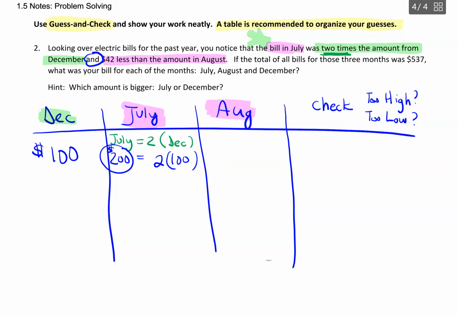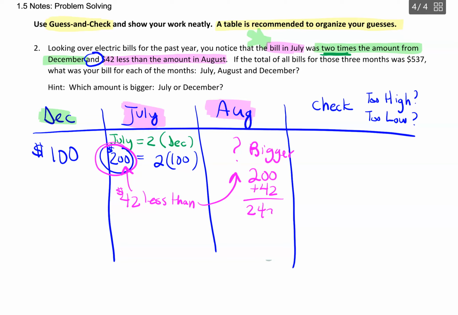But I know that the amount from July is going to be 42 less than whatever this number is for August. So 200 is the smaller number. August is going to be the bigger number. So I need to add that 42 back onto that 200 to get that bigger amount for August.